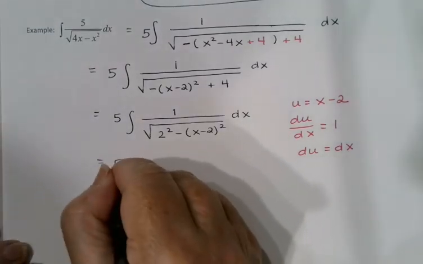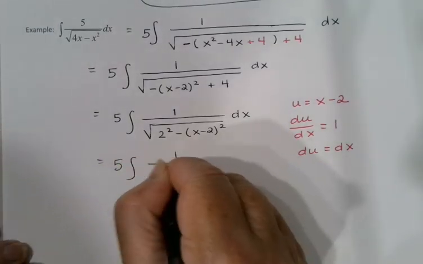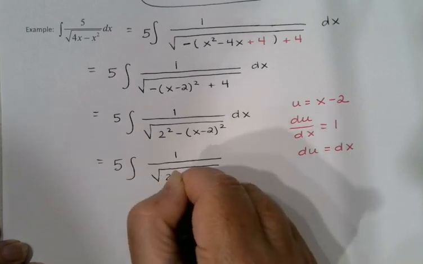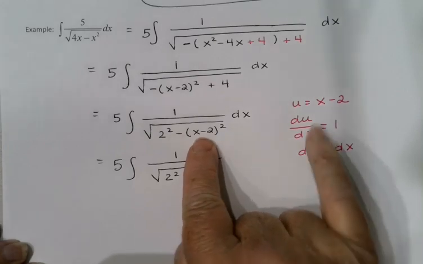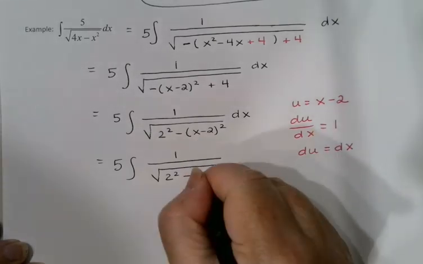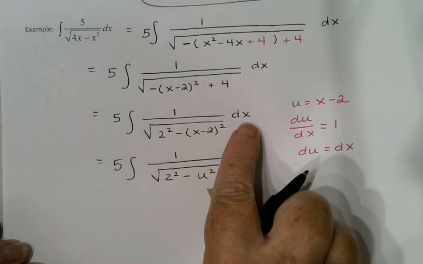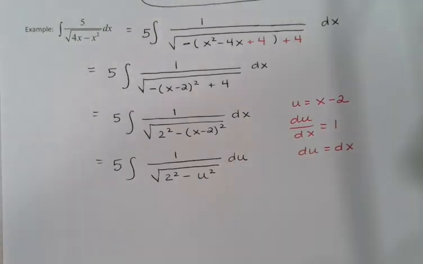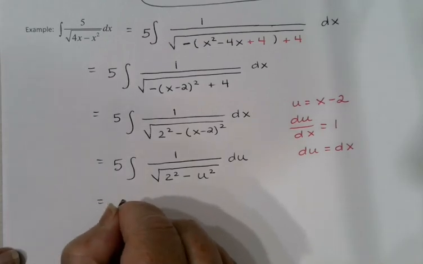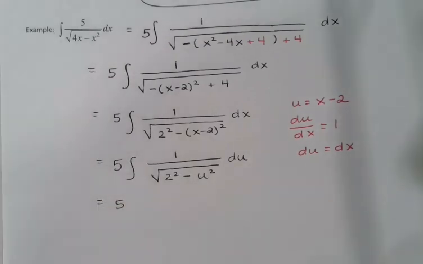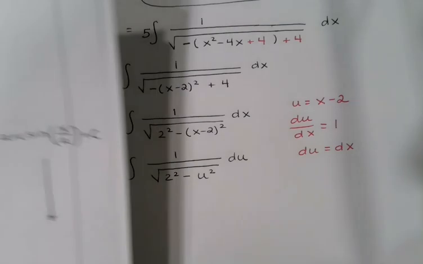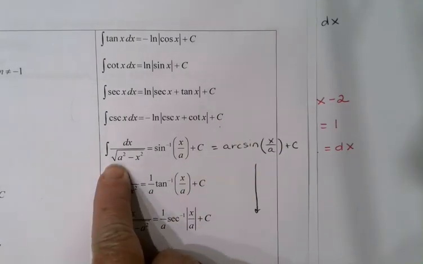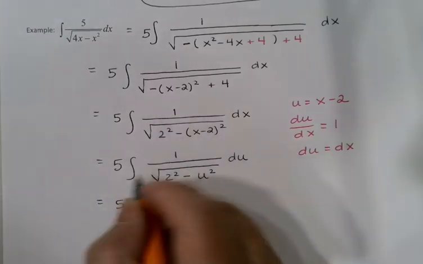So we've got 5 times the integral of 1 over the square root of 2 squared minus, this is now u squared, and the dx can just become du. So I have 5 times, and notice when you now match this with the arc sine integral, my a would be the 2.